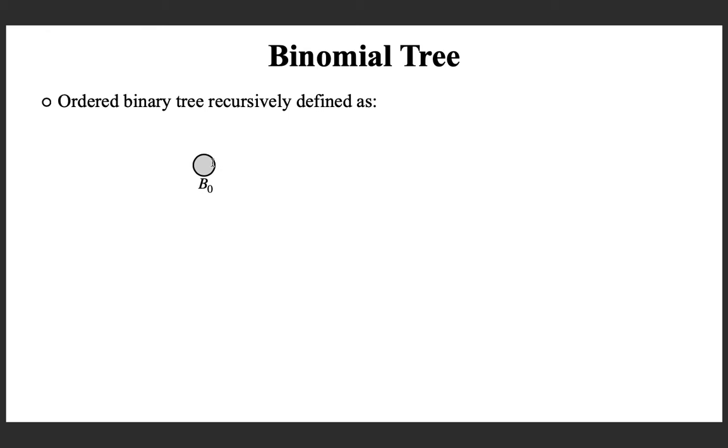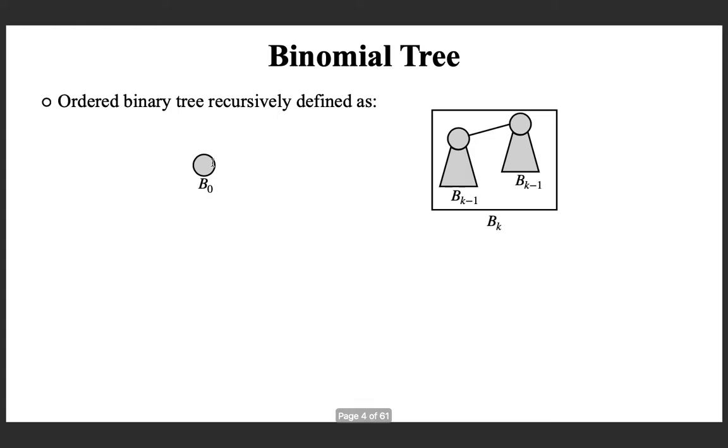And now we can see how we can recursively define a binomial tree of height k, that is Bk. What you can do is you take two binomial trees of height k minus 1, that is Bk minus 1.